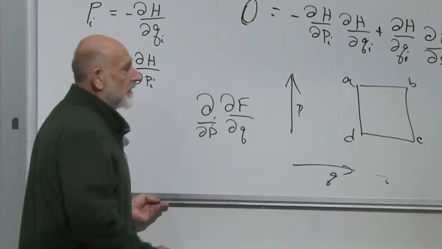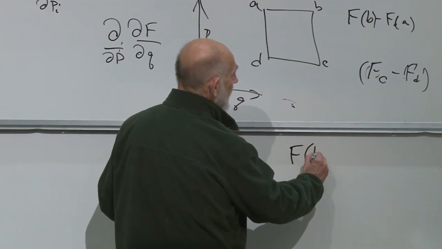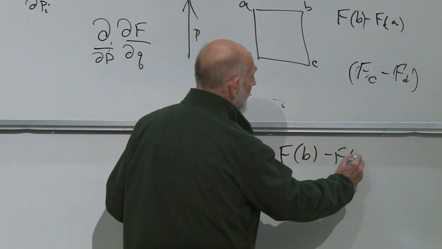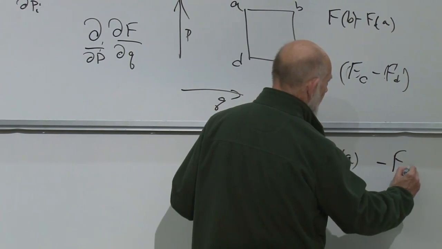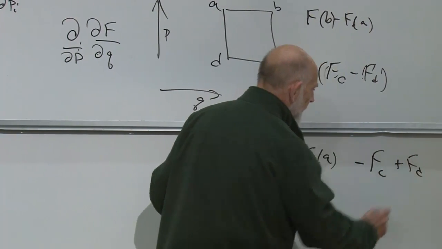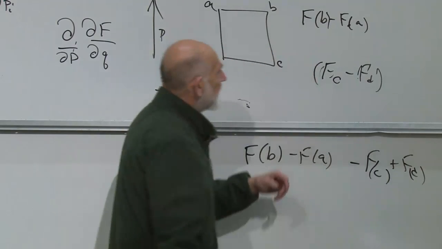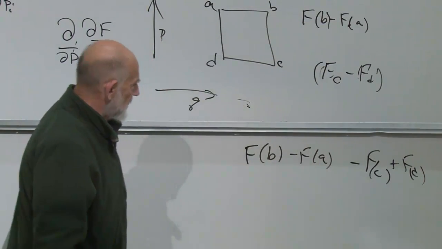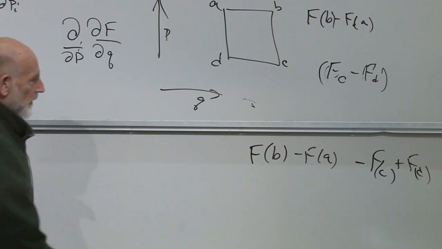Let's write it down. F of B minus f of A minus f of C plus f of D. So this minus this. Here's another way to write it.